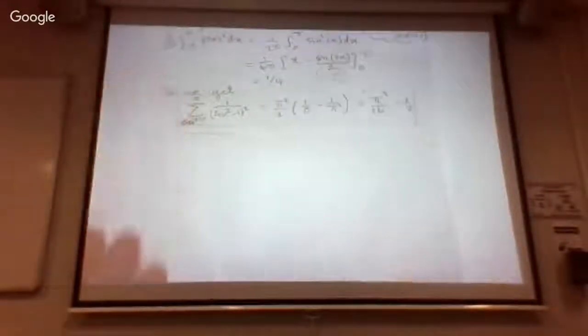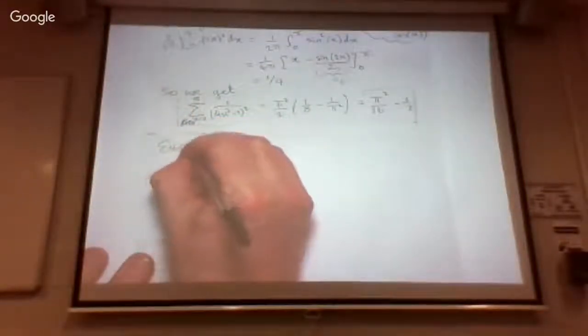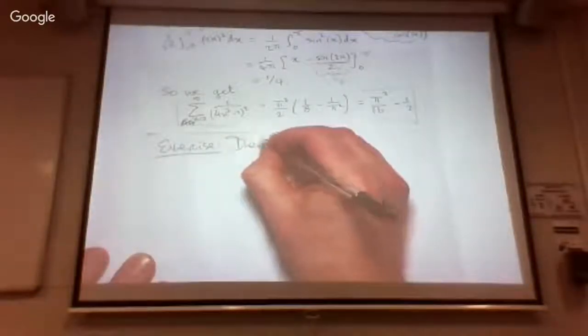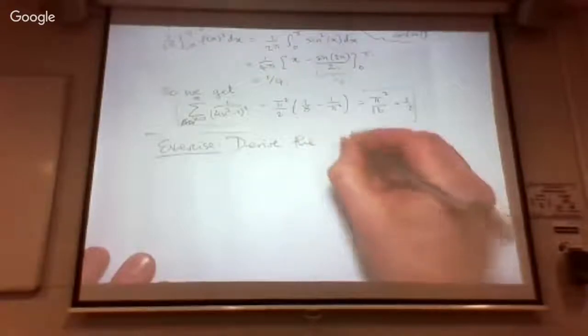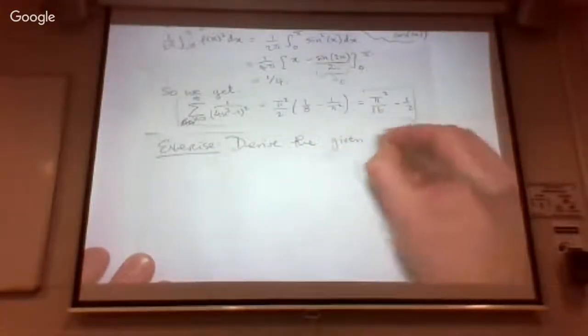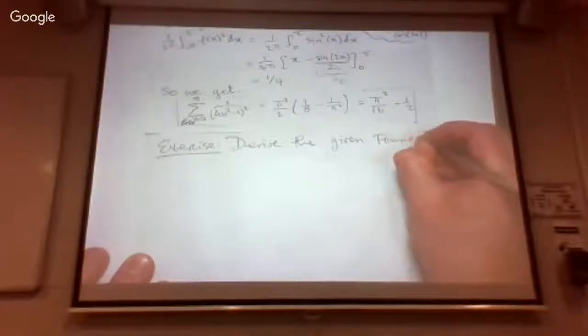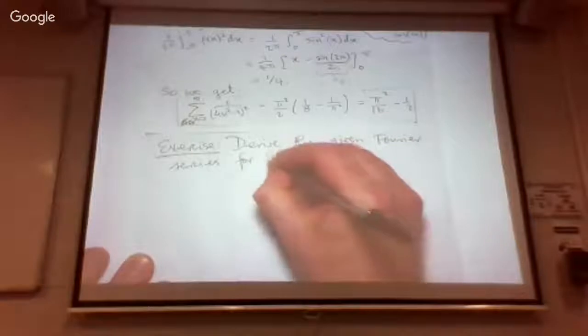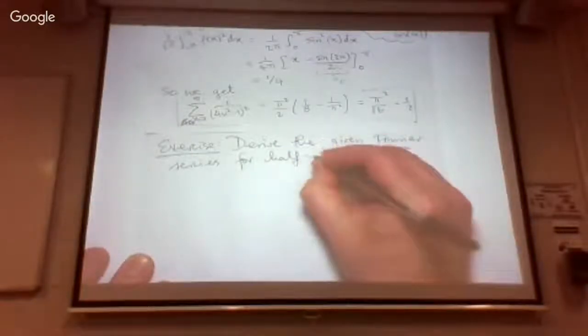So as a follow-up exercise for that, I would set yourself the exercise to derive the given Fourier series for the halfway rectified sine function.